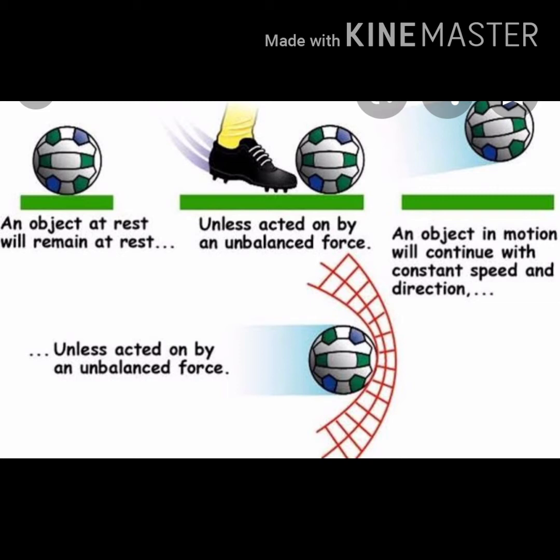This is what we do in tug of war, right? Similarly, Newton's first law also explains the phenomenon of inertia. Now, what is that? It is the inability of an object to change its state of motion on its own. Now here you can see a soccer ball, a football, on the ground.